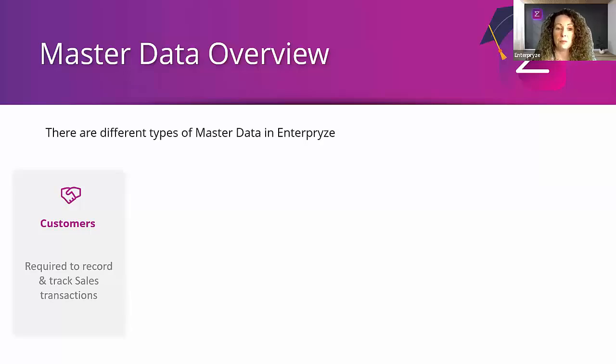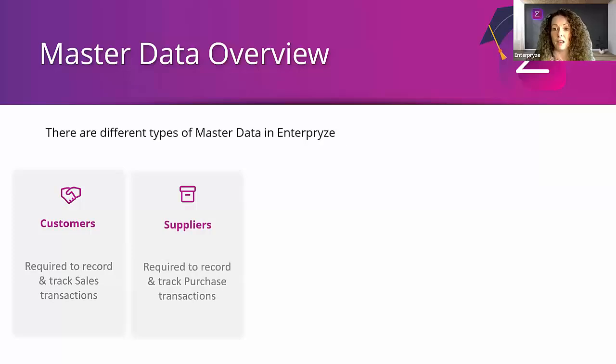So customers are important, and the data that's contained within those customers is something to consider before you roll it out within the system. The same, of course, with your suppliers. So the whole journey of procurement, when you're trying to reorder and replenish stock, or perhaps that you're taking in third-party services from another provider. So you want to record and track all of your purchase transactions.